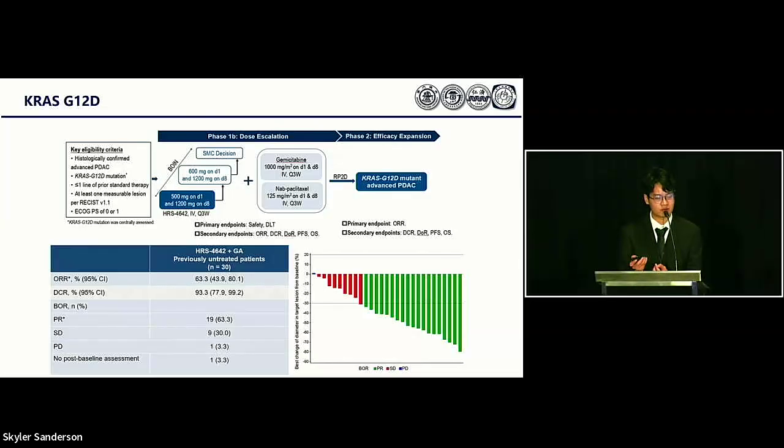And the results are encouraging. We can see that the ORR reached 63.3%, and the DCR was about 93.3%. So these results demonstrate that this regimen had encouraging anti-tumor activity for Chinese advanced pancreatic cancer patients with KRAS G12D mutation.